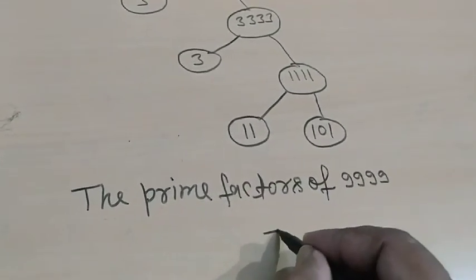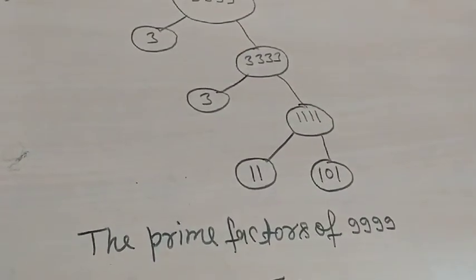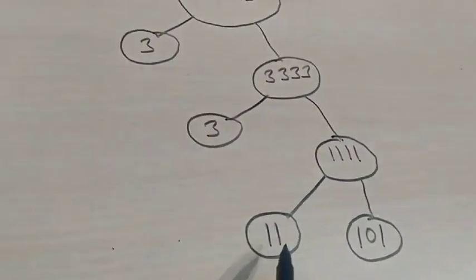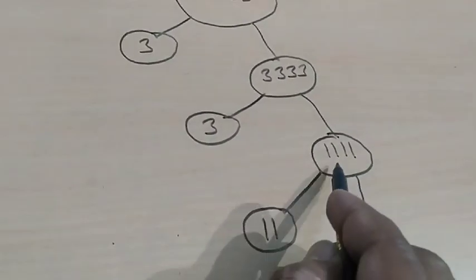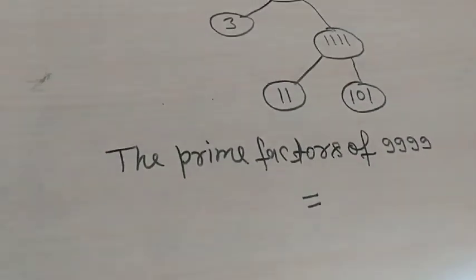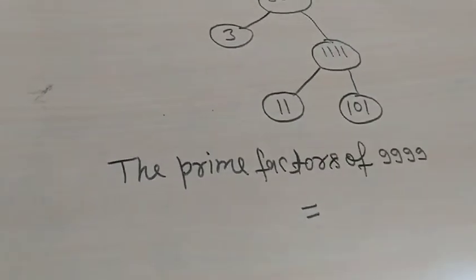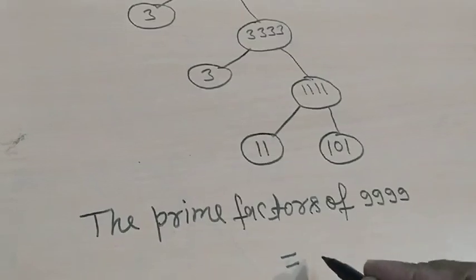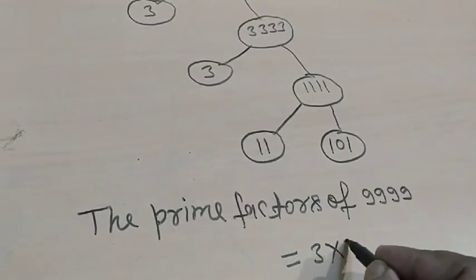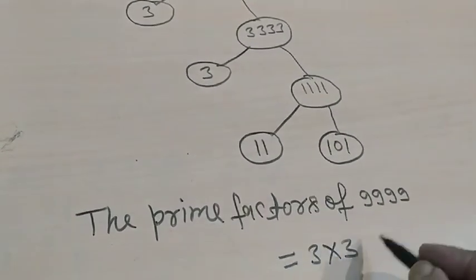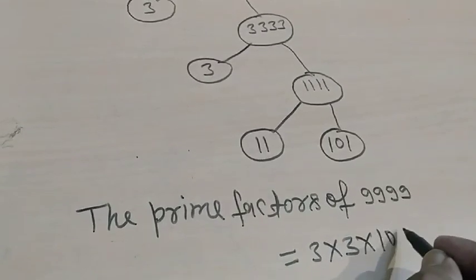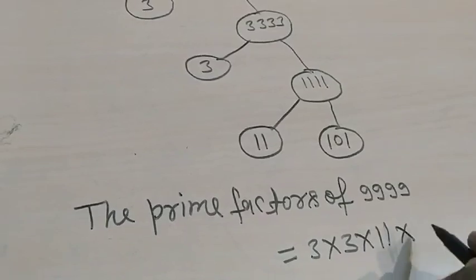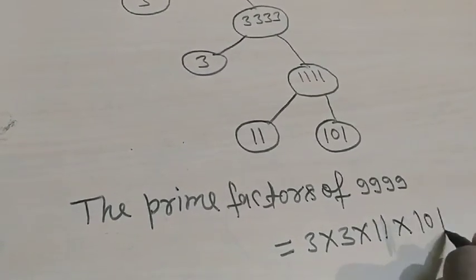You can write it is equal to 3 into 3. You can see this 3 is a prime number, this is also a prime number, this is not a prime number, this is a composite number. Okay, so you can write the prime factors of 9999 as 3 into 3 into 11 into 101. Clear?